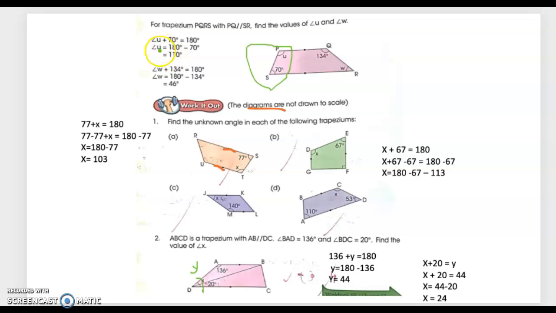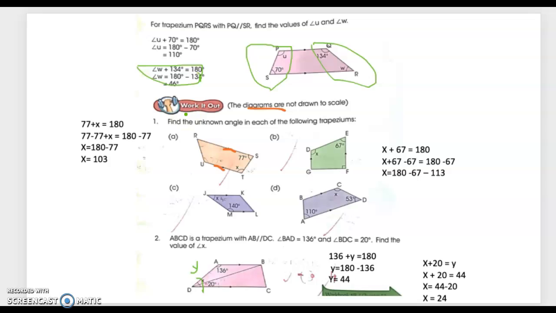Now you can make U the subject, so subtract 70 from this side, subtract 70 from this side, and then you get 180 minus 70, and that is 110, right? Likewise, you can consider these two angles, which is between two parallel sides, and then we can again perform like this to get the value of W.